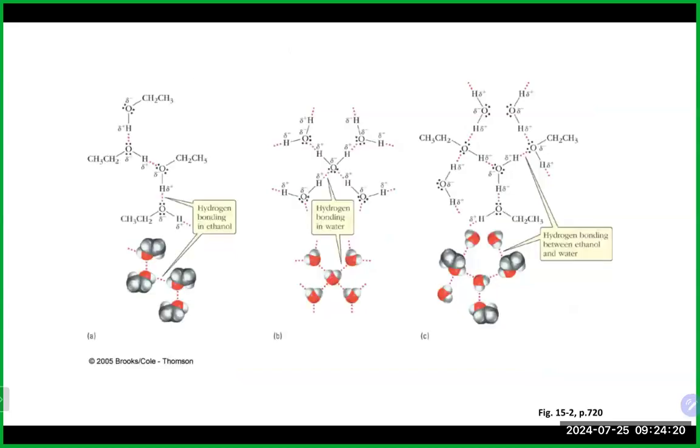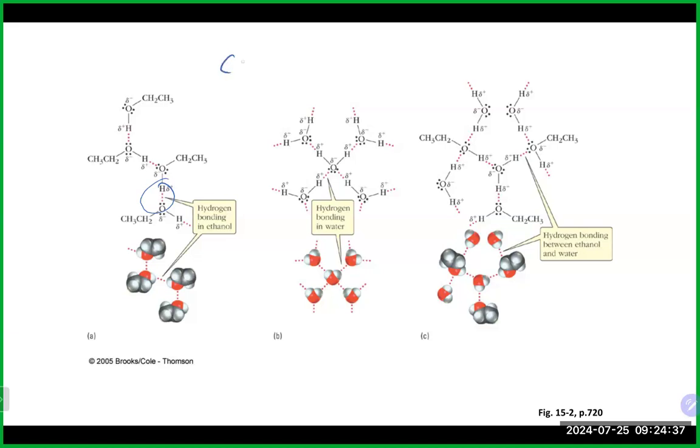So here's some hydrogen bonding that we see there. And again, we see some opposite attraction happening here between these two types of molecules. Hydrogen bonding also accounts for why things are, for example, soluble.